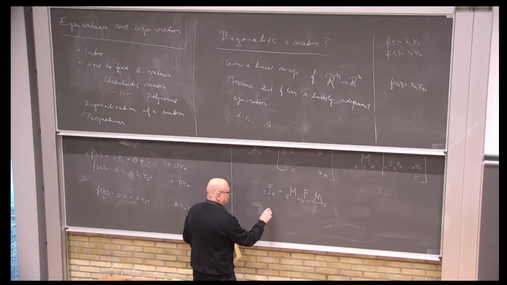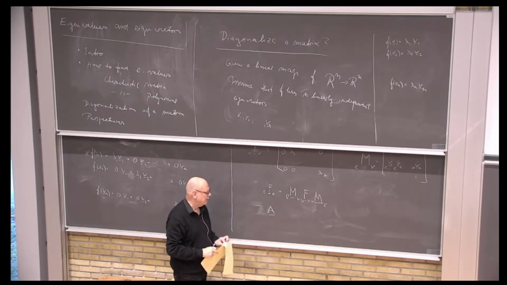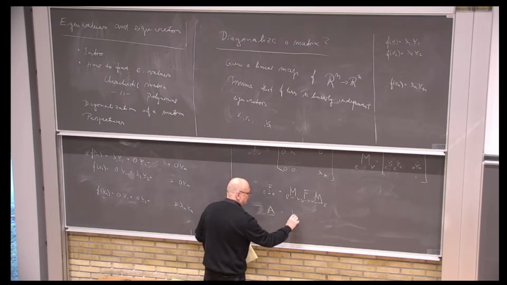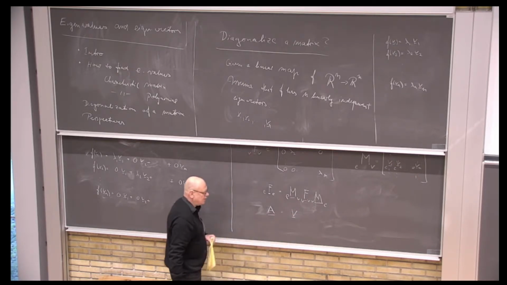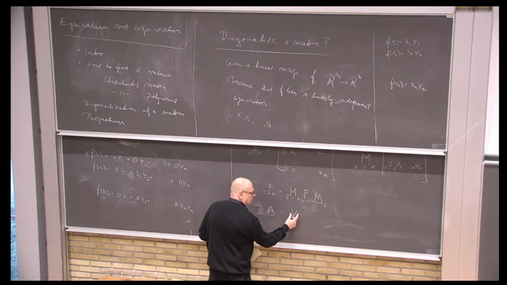Normally when you have a problem, you just call the mapping matrix A. So this is my mapping matrix in this basis here. These are the e-coordinates. I use a capital V to represent the coordinate matrix in e-coordinates of the eigenvectors.